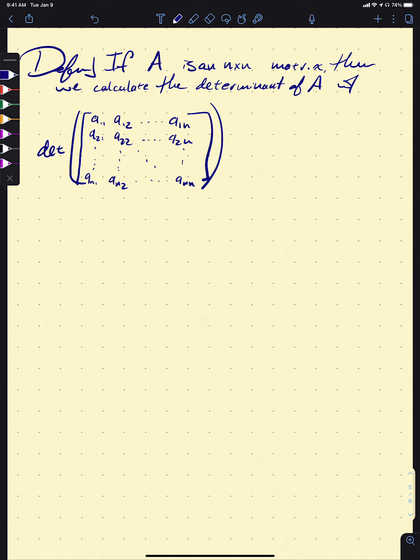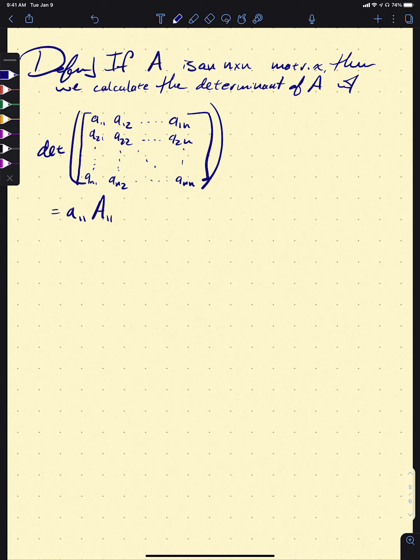So what that means is we're going to take little a11, this element, and multiply it by its cofactor. Remember, this cofactor is the determinant of this matrix that's left over multiplied by either 1 or minus 1, okay?